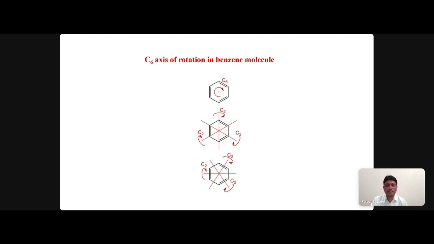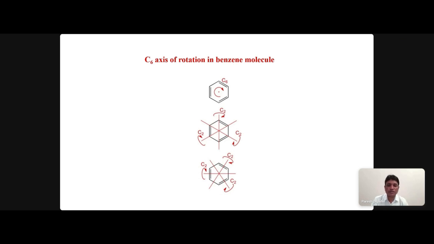Benzene molecule. In case of the benzene molecule, this is the imaginary axis, and if you rotate the molecule along this imaginary axis by 60 degrees, we get an equivalent orientation. So the order of axis for the benzene molecule is equal to 360 divided by 60, which is 6. Now if we rotate the molecule along this axis, this axis, this axis, this axis, this axis, and this axis by 180 degrees, we get an equivalent orientation.